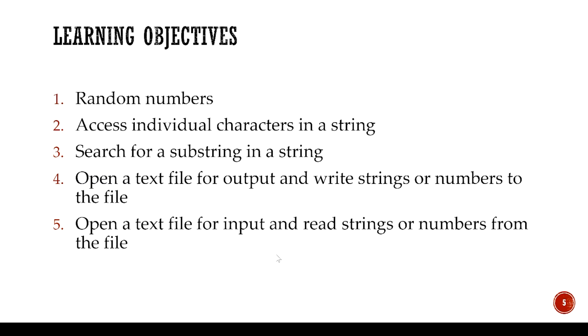So we learn how to open a text file for output and write strings or numbers to the file. We also open a text file for input and read strings or numbers from the text file. Sometimes we want to save the result of our algorithm in a text file, or sometimes we need to read inputs from a text file.